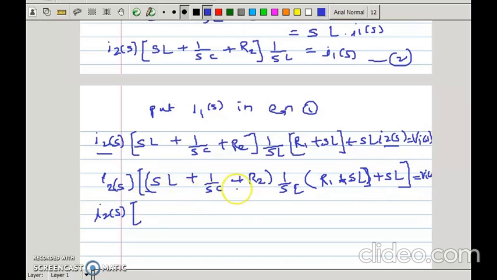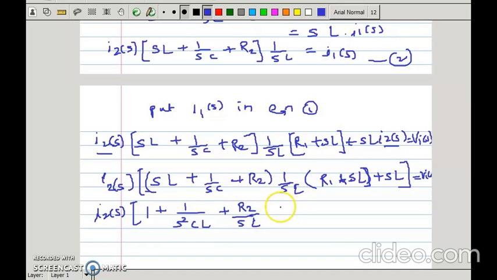Let's calculate this one. See, 1 upon SL is outside the bracket, just put it inside. So when we shift 1 upon SL inside, SL gets cancelled, so it is 1 only. So it is 1 upon S square CL plus R2 upon SL, right?